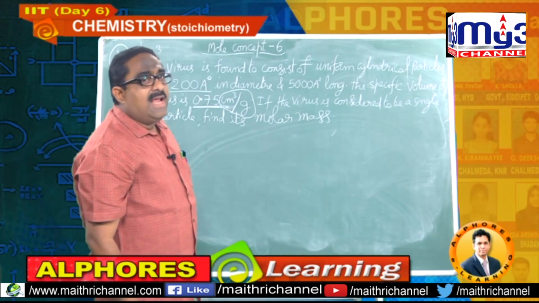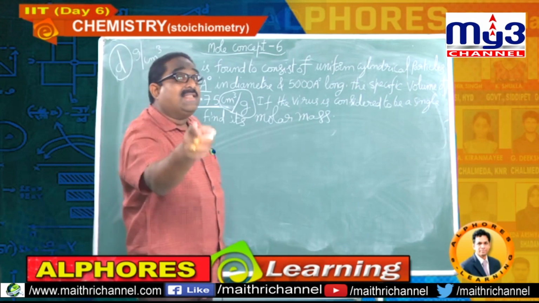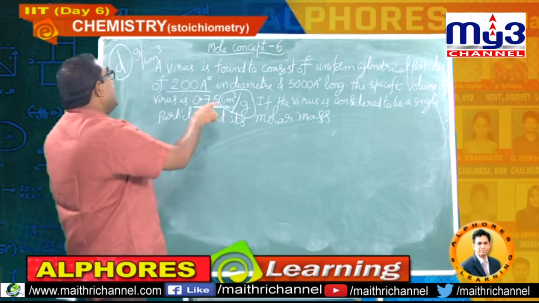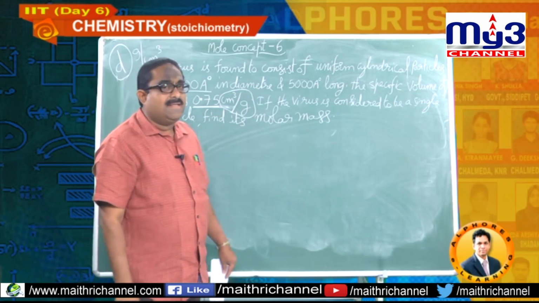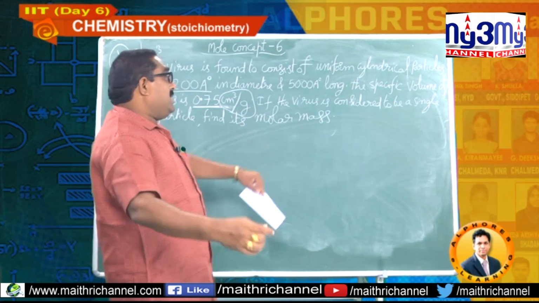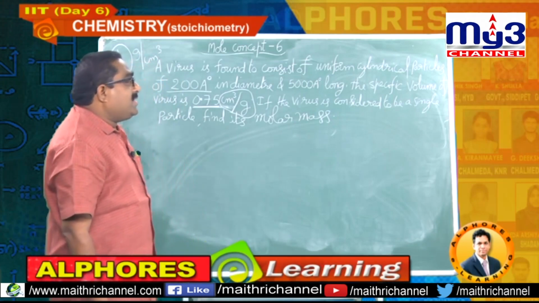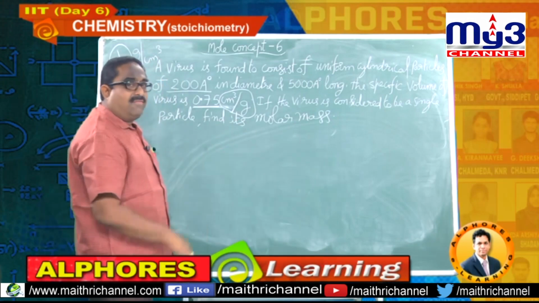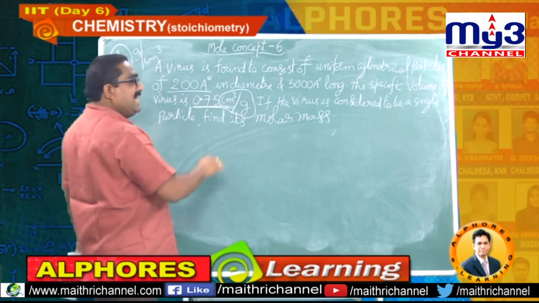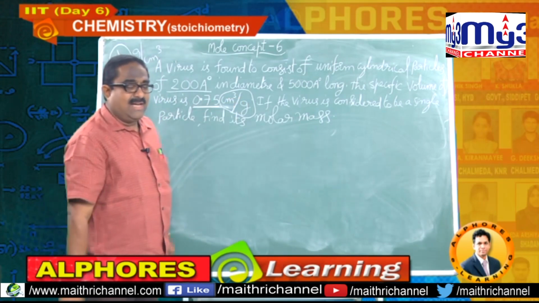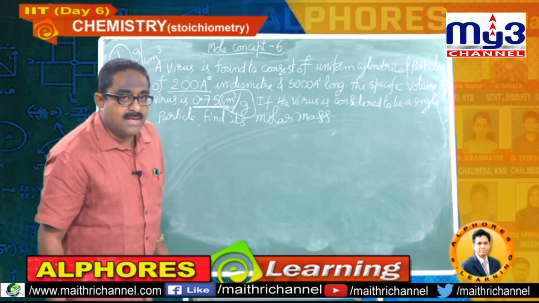It means indirectly he has given density in the form of specific volume. Specific volume is nothing but the reciprocal of density. By reversing that, you will get the density of virus.